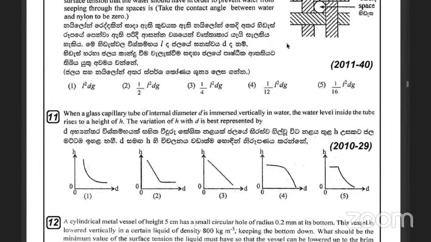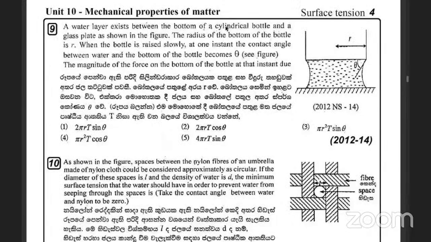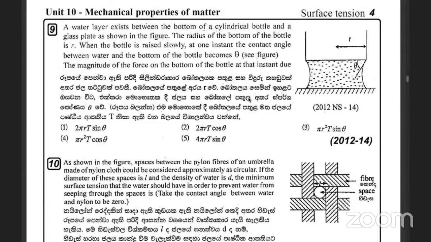We'll do this quickly and move on. Let's read carefully. Spaces between the nylon fibers of an umbrella made of nylon cloth could be considered approximately as cylinders.